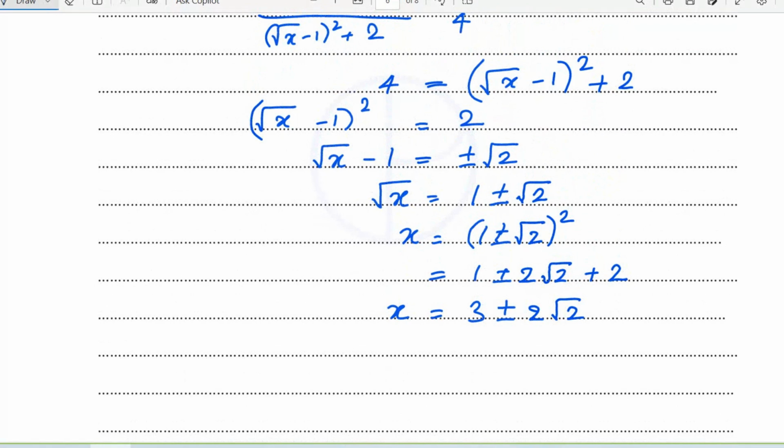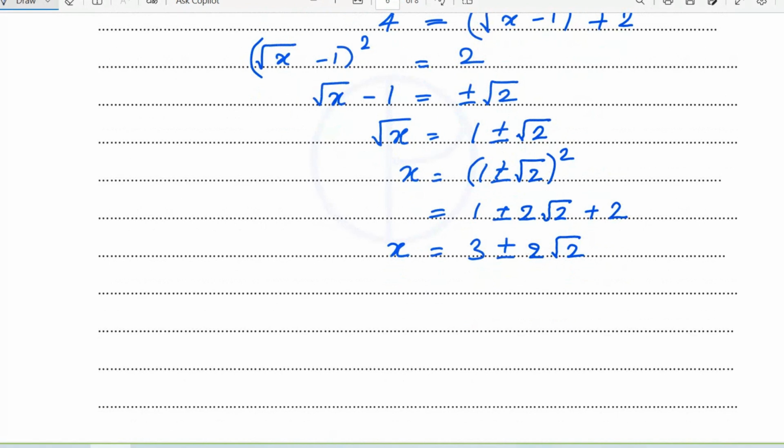So we have to consider the value of x which is greater than 1. So here x equal to 3 plus 2 square root of 2 and x equal to 3 minus 2 square root of 2 are the two values of x.